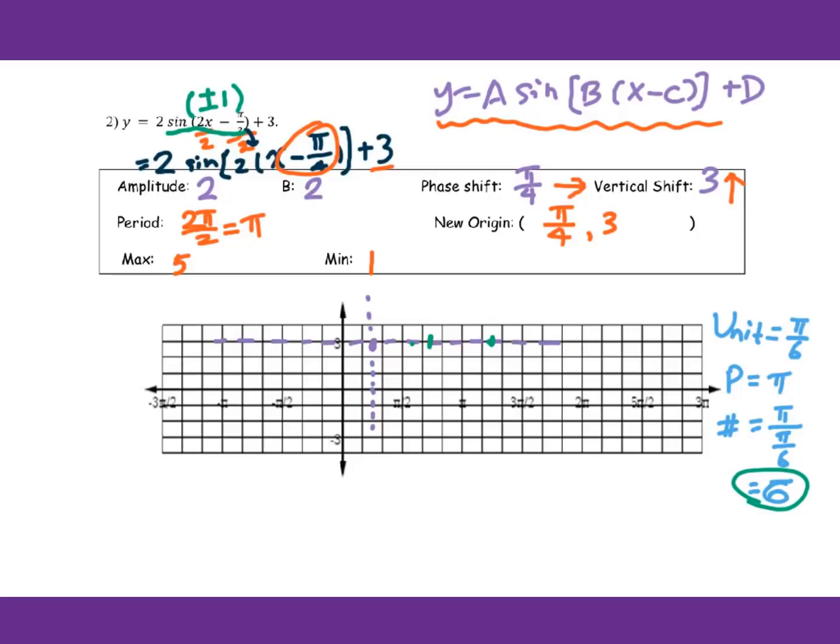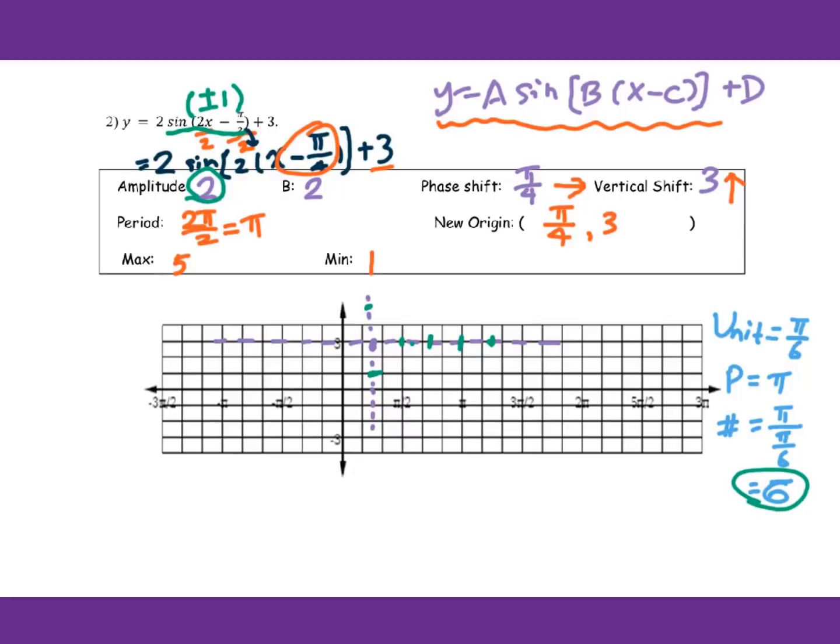Half, that will be here. And a half is here. Then you go up 2, go down 2, because that's our amplitude.